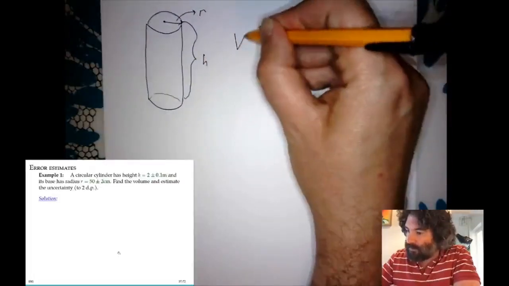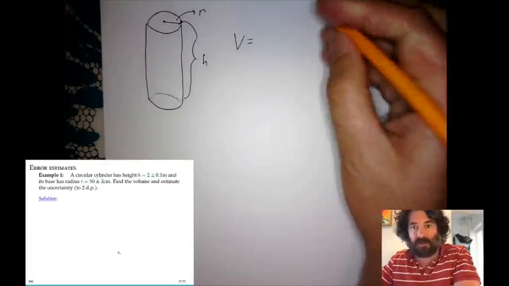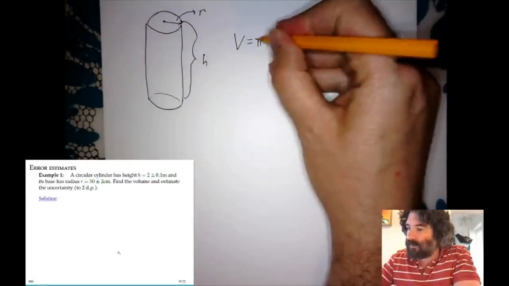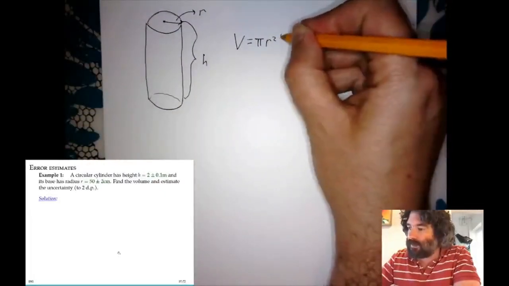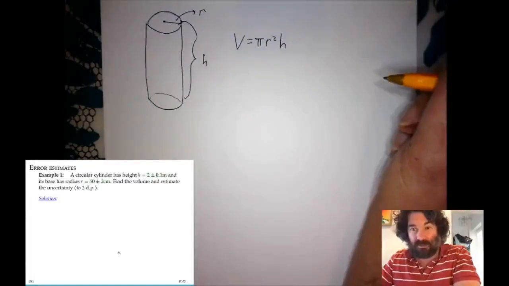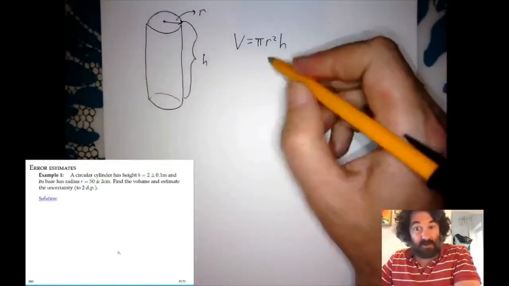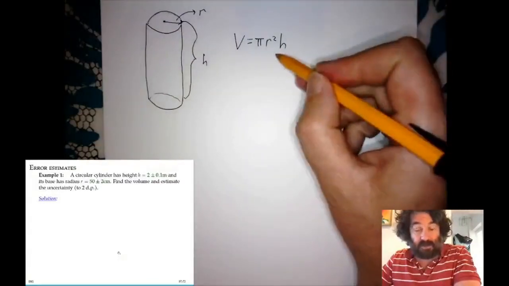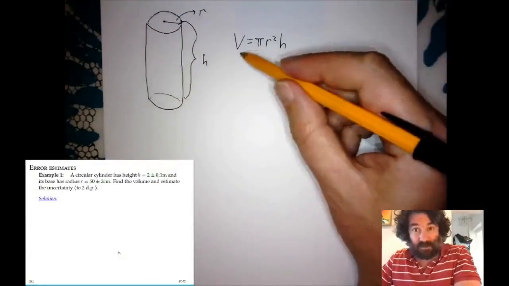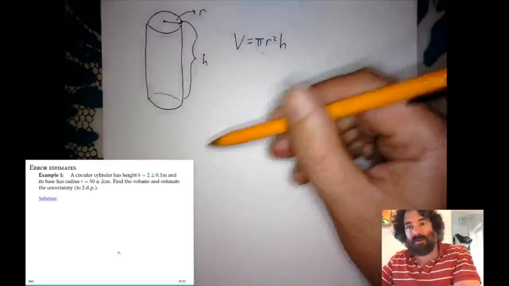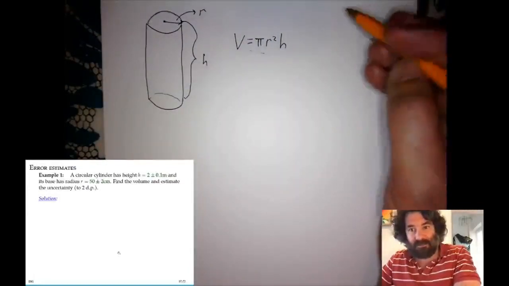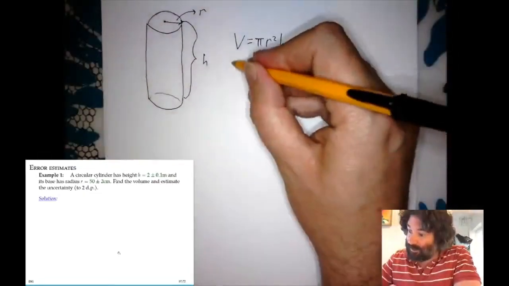And the volume is a function of the radius and the height. So, as before, it's pi r squared times h. Pi times the radius squared times h. Okay, and so if we measure the radius and the height, this formula tells us what we should write as the volume. But if there's error in the radius and the height, we want to say what would be the error in the volume.